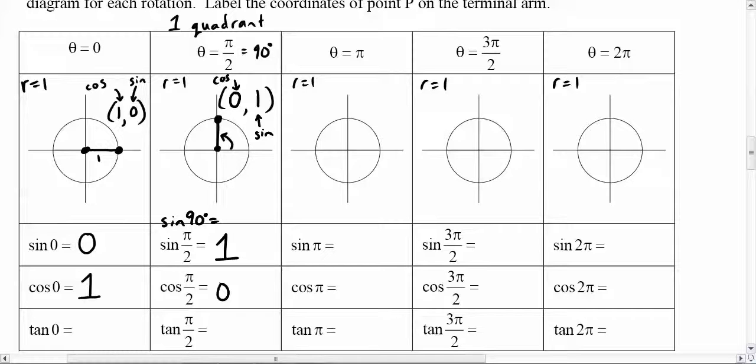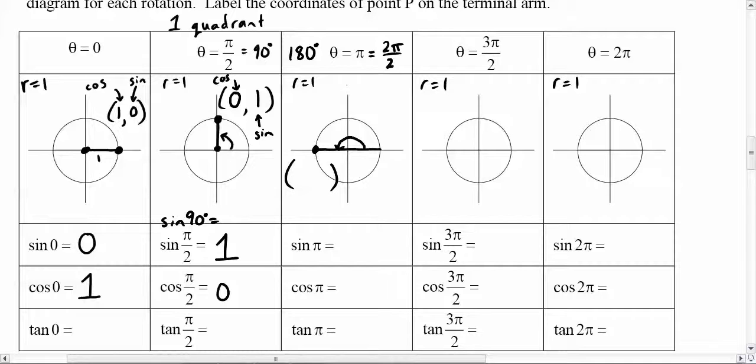Okay. Pi is the same as 2 pi's over 2. So that means 2 quadrants. So 1 quadrant, 2 quadrants. It's the same as 180 degrees. So no way I can make a triangle there, but I can still find sine and cosine. So how high am I?